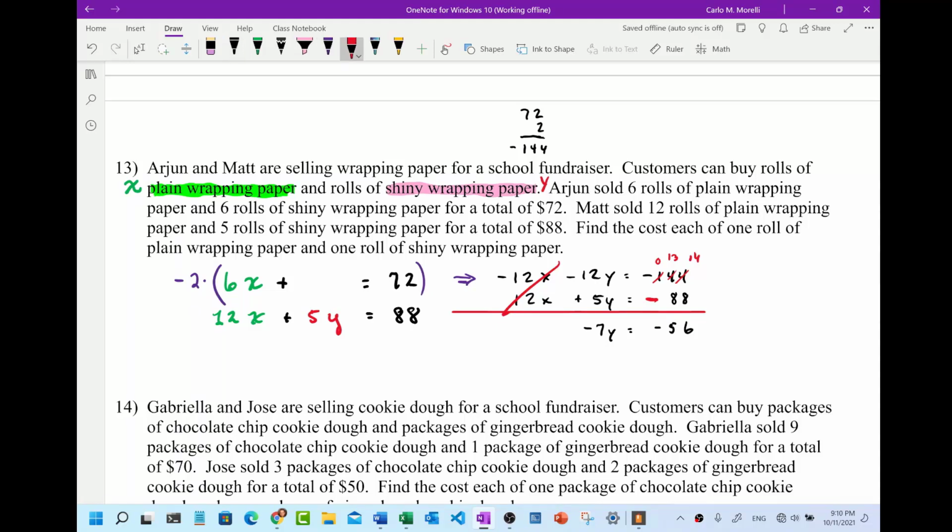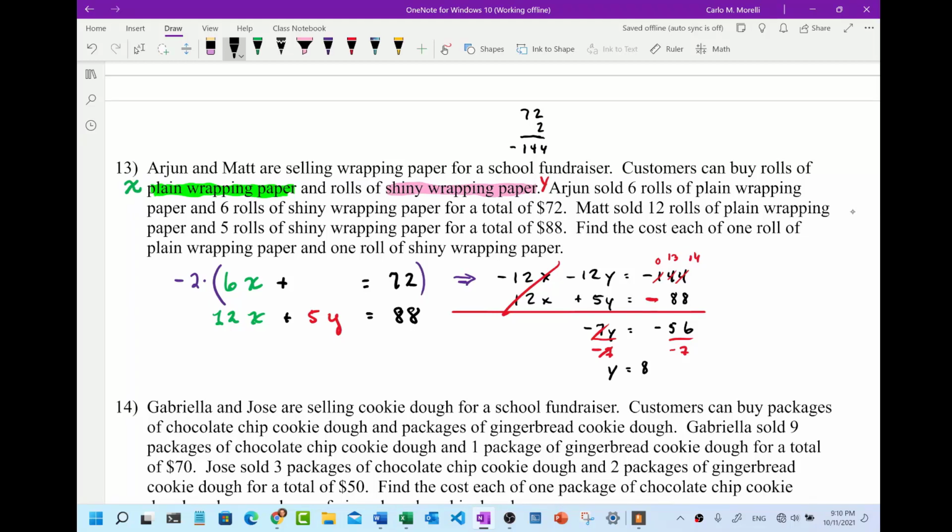All right, so now all we have to do is divide both sides by negative 7, and we will have arrived at y. y equals 8. Okay, so 8 shiny wrapping paper. I guess the cost of one roll of shiny wrapping paper is $8, right?